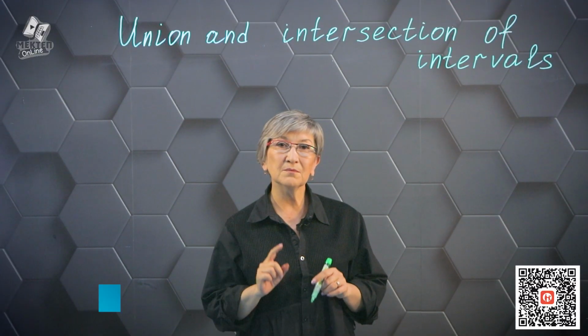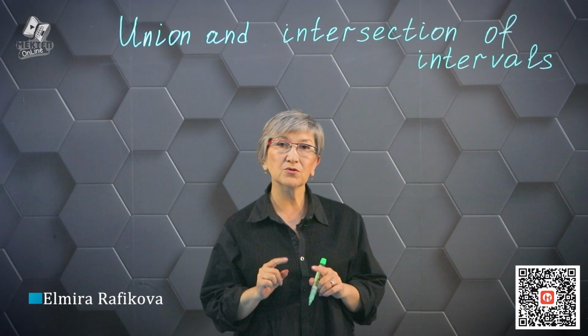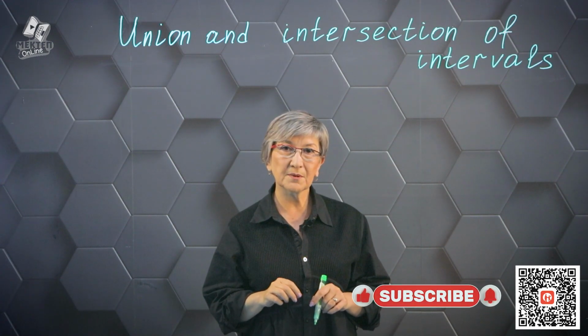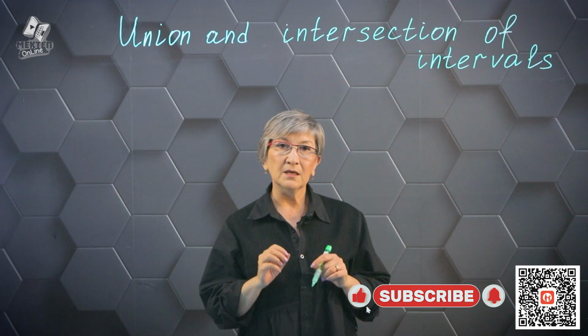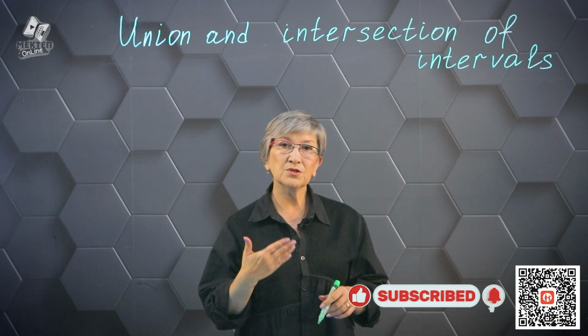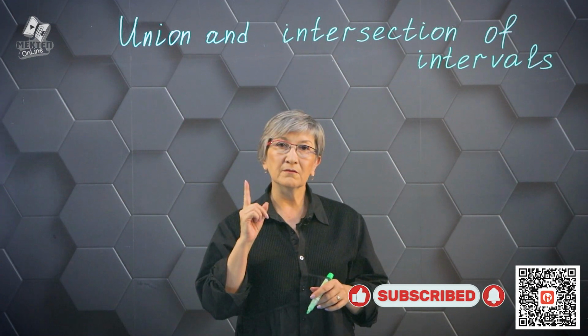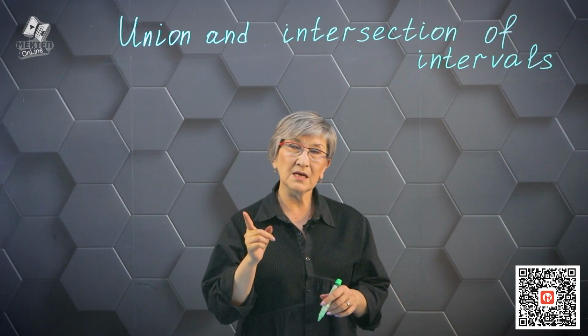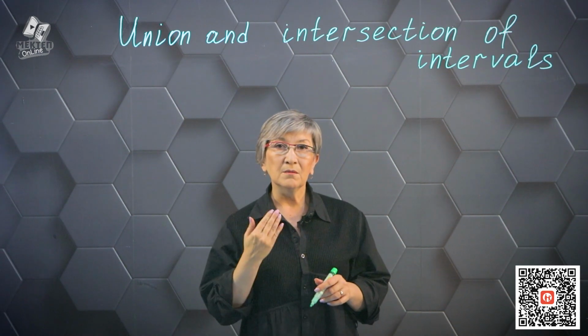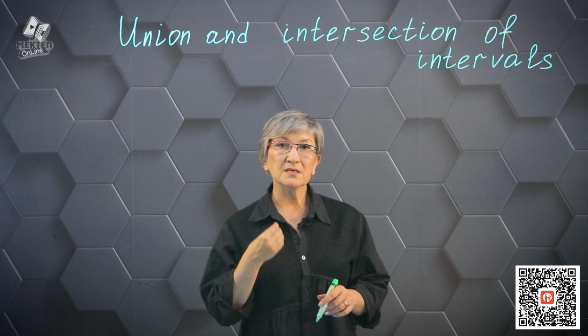Hello! Today in the lesson we will solve more examples in which we will write the union and intersection of numerical intervals. But I'd like to point out in which examples we're going to apply in the answer and write the union or intersection. The thing is, in math, we solve inequalities with absolute value.